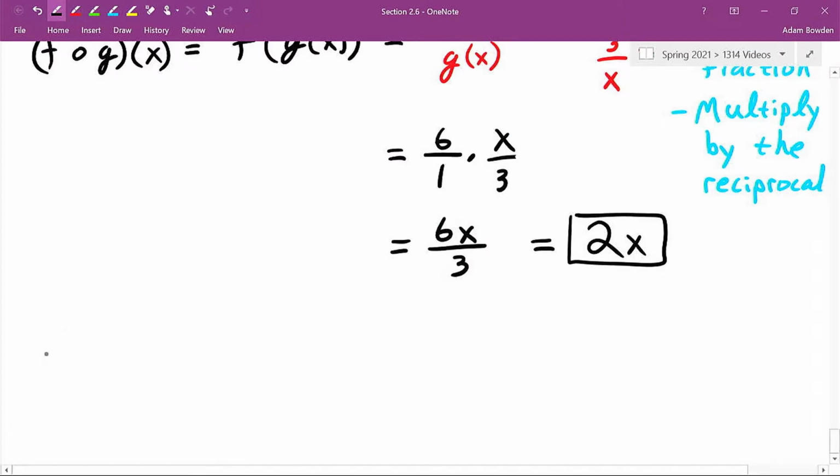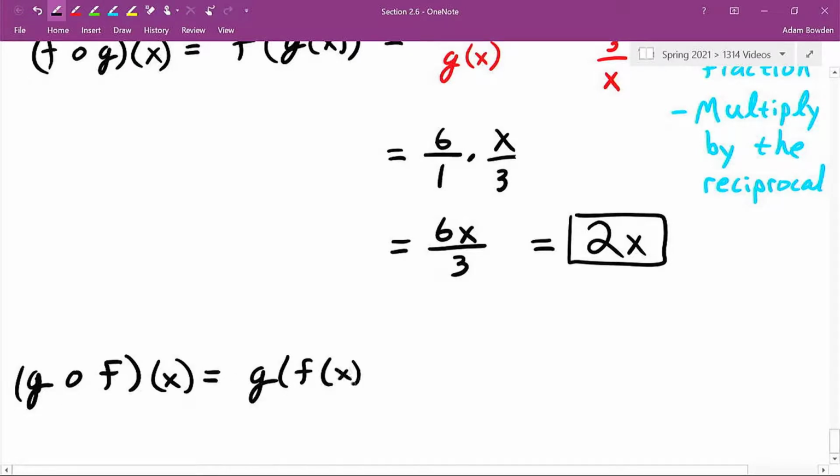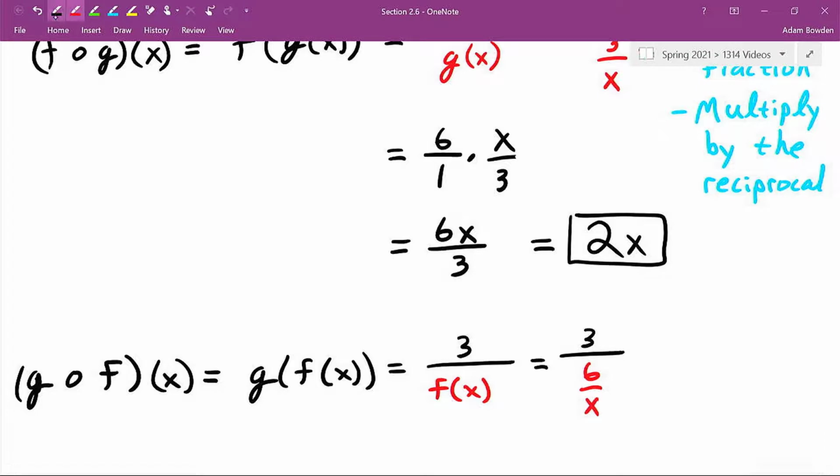We're going to see something similar if we do g circle f of x, which would be g of f of x. Starting with the function g, g was 3 over, and we're going to put f of x underneath there. So it would be 3 over 6 over x.